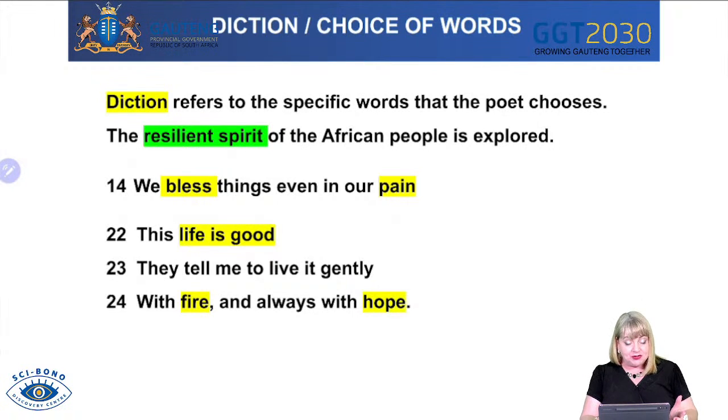And you can also go on to mention other words like bless and pain, life is good, and ideas of fire and hope. Any of these words, but you wouldn't in your answer mention all of them, because remember, you've only got approximately 40 minutes to answer the poetry section, the two poems.